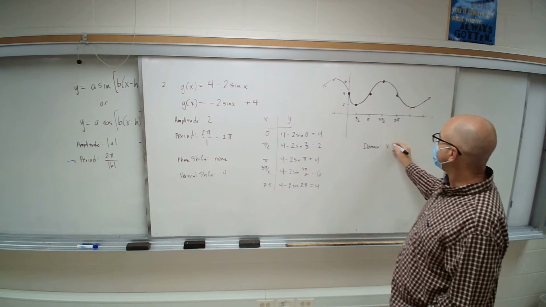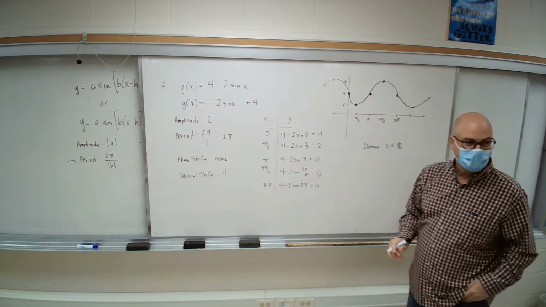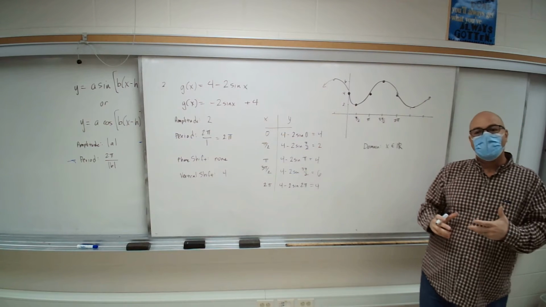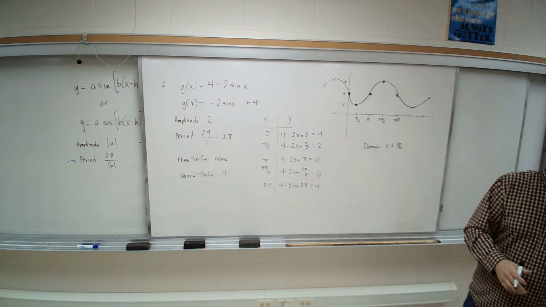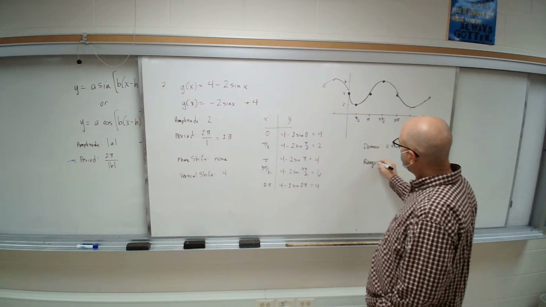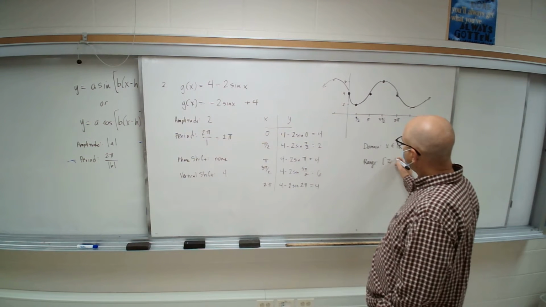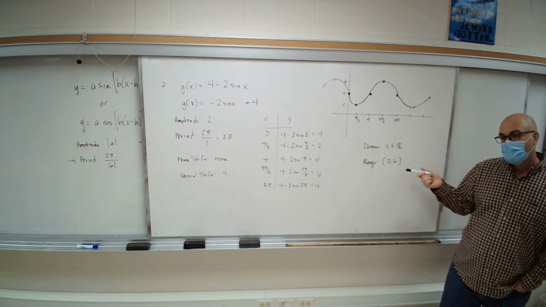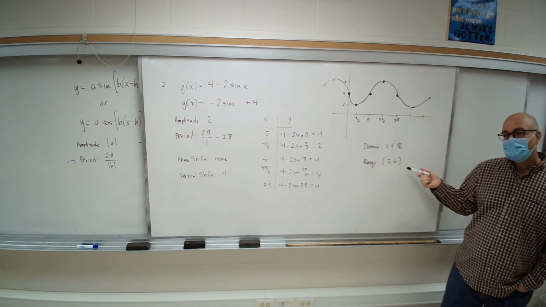The domain is still, x is a real number. That'll always be the case for a sine and cosine, unless our problem has some restriction attached to it. And then our range in this case will be from 2 to 6, which actually, you could figure that out without graphing it, right?